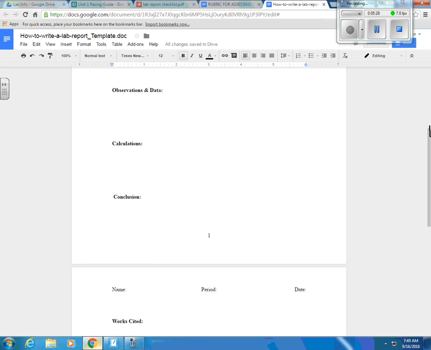In the video that I showed you earlier, we had two tables and one graph. The first table was the percent sugar solution: densities, volume, mass.